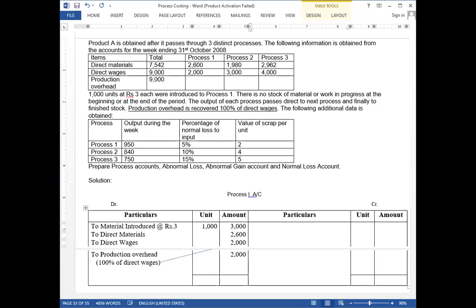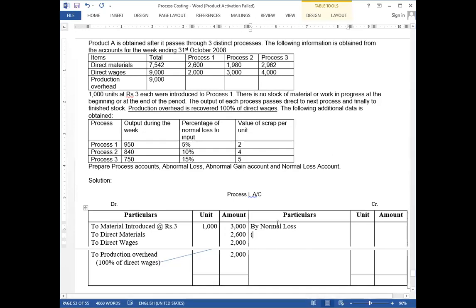The next step is to write the normal loss on the credit side. There are two types of normal loss: one with only weight wastage, where scrap won't be there, and another one with scrap. In this problem, it is with scrap. It gives the percentage of normal loss as well as the scrap value, so you have only one type of normal loss.